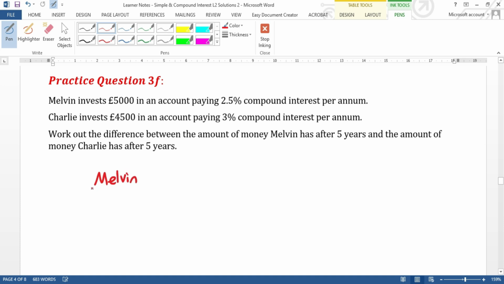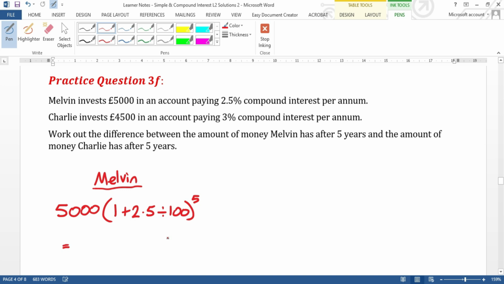Melvin first here. So 5,000 open brackets, because it's a bank account and it's an investment, it's definitely a 1 plus 2.5%. How many years? They're doing it for 5 years, so to the power of 5.